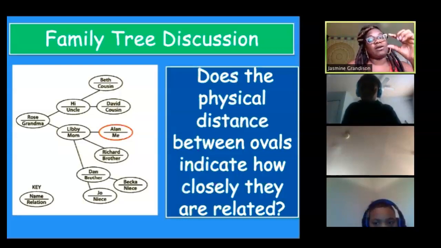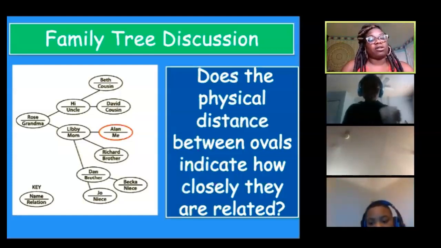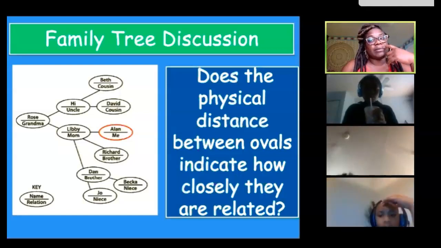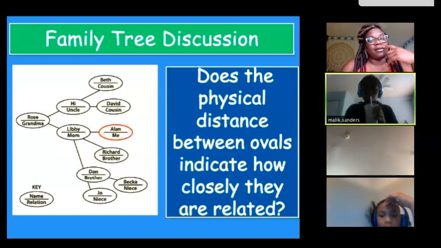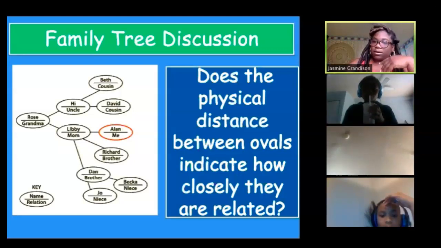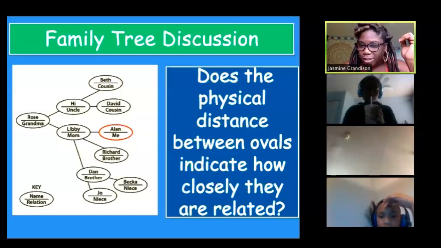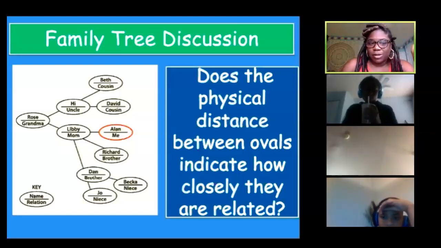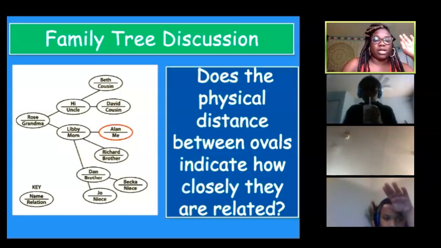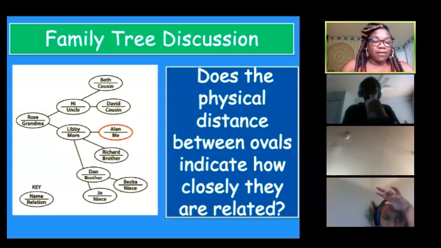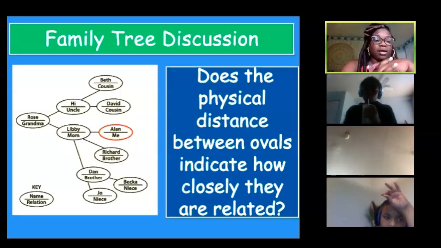Right, but we're looking at the ovals, and we're trying to see, does the distance between those ovals show how closely the family members are related? Oh no. Okay. It doesn't show a timeline, that's why. Well, great. Good. So that's what most of us should have said, which is no. As he said, it doesn't show us the time to say, okay, grandma was born at this age, or the ages of David and David and Alan, how close they're related.